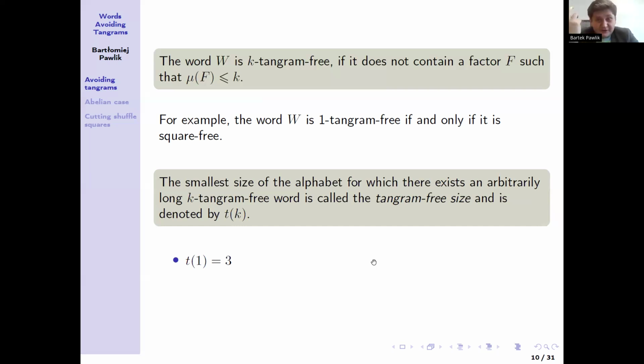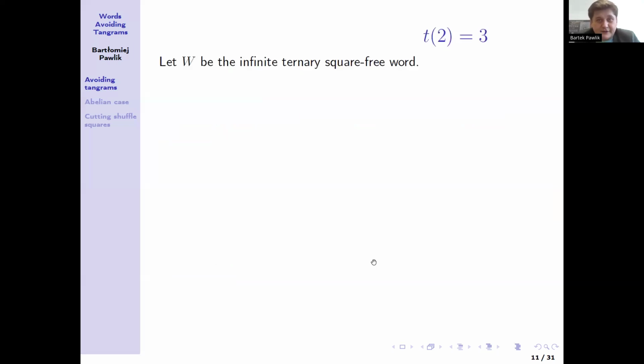So we know that t_1 is 3, and this is strictly the theorem of Thue, 1906. He showed that there are arbitrarily long square free words over three letters. What is a nice thing is that t_2 is 3 as well, and again the theorem of Thue gives us this result.